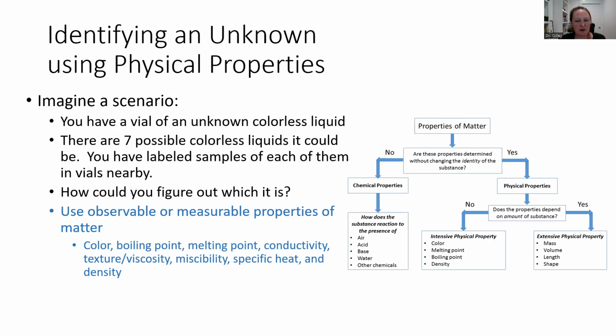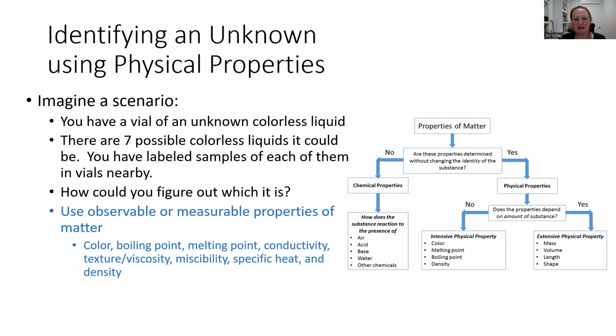So for example, one property is color, but we said they're all colorless, so that's not particularly helpful. Since they're all liquids, we wouldn't really want to measure the melting point, but maybe the boiling point, right? We could see at what temperature the different liquids boil, and that could help us figure out which one it is. There are other properties as well that we could look at.